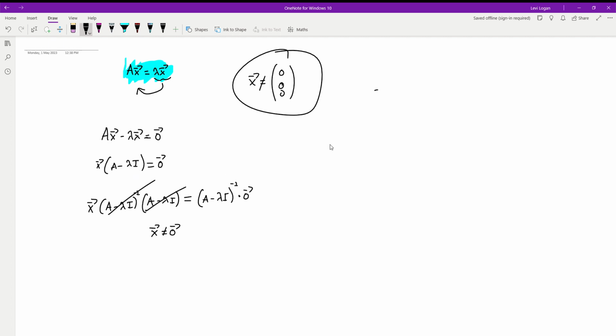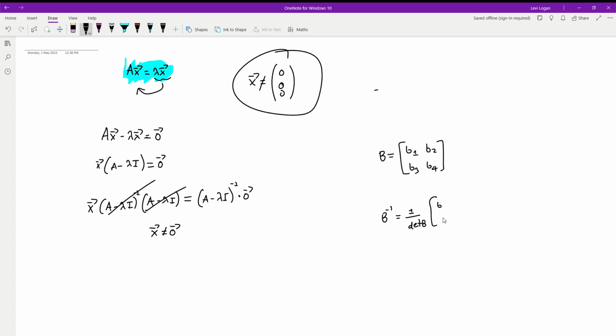Recall, if you have a 2 by 2 matrix, let's say a matrix B, with entries B1, B2, B3, B4. The inverse of this matrix, B inverse, is going to be 1 over the determinant of B, and then you switch these around.